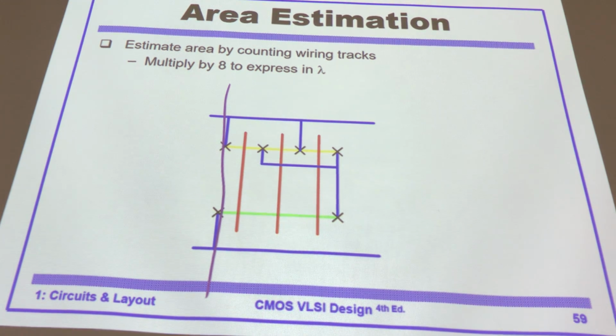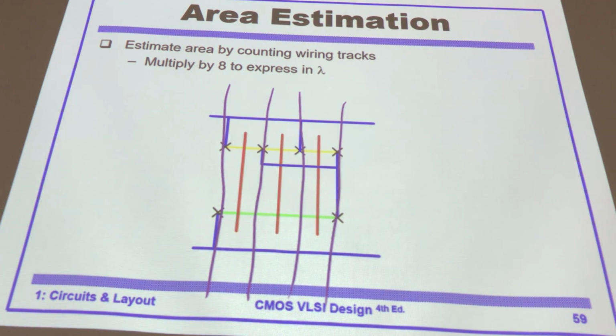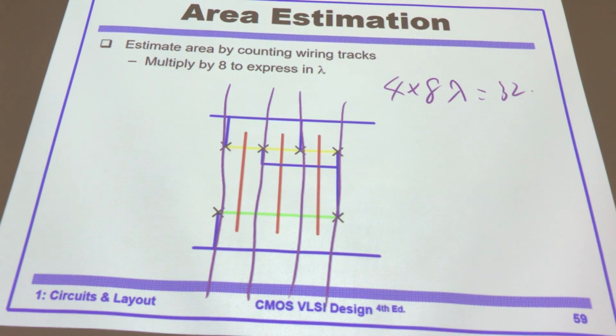And this is another track, wiring track, okay? Another wiring track, another wiring track. But totally, there are 4 wiring tracks times 8 lambda. Okay, so that's 32 lambda for the width. How about height?